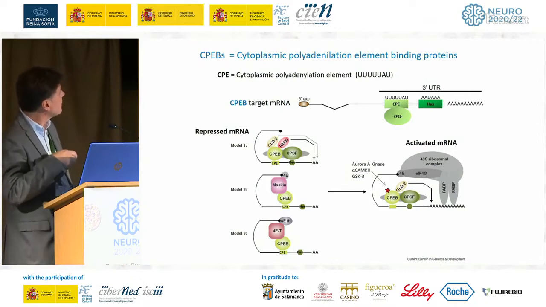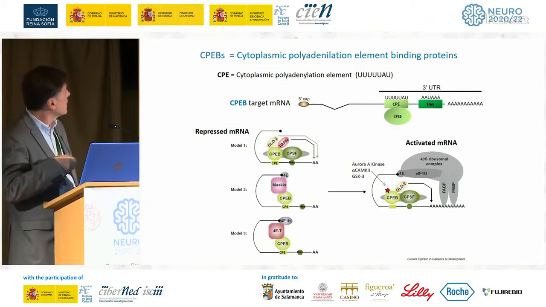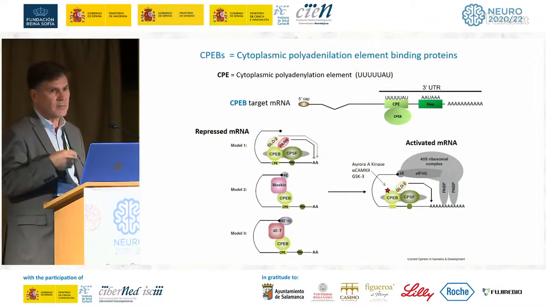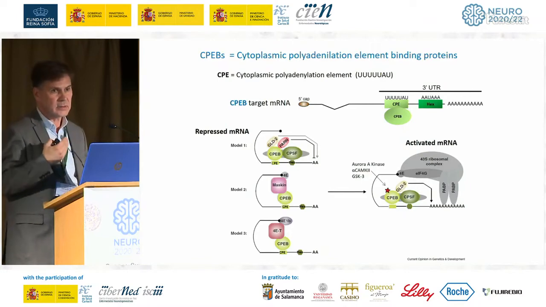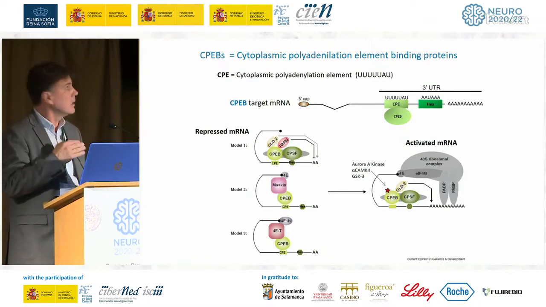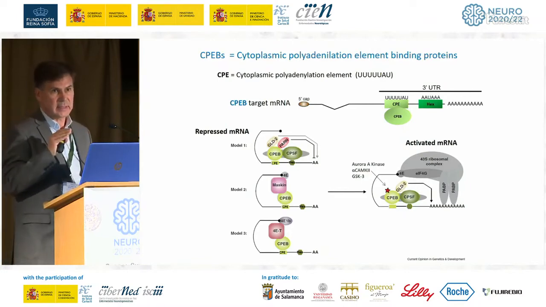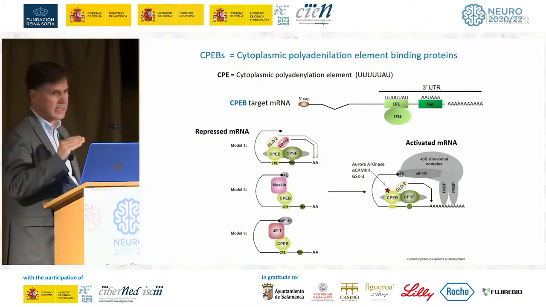And what these CPB proteins do is that they bind to the target RNA and nucleate the formation of a protein complex that catalyzes the deadenylation, the loss of the poly-A tail, and keeps the messengers in a dormant state that is not translated.